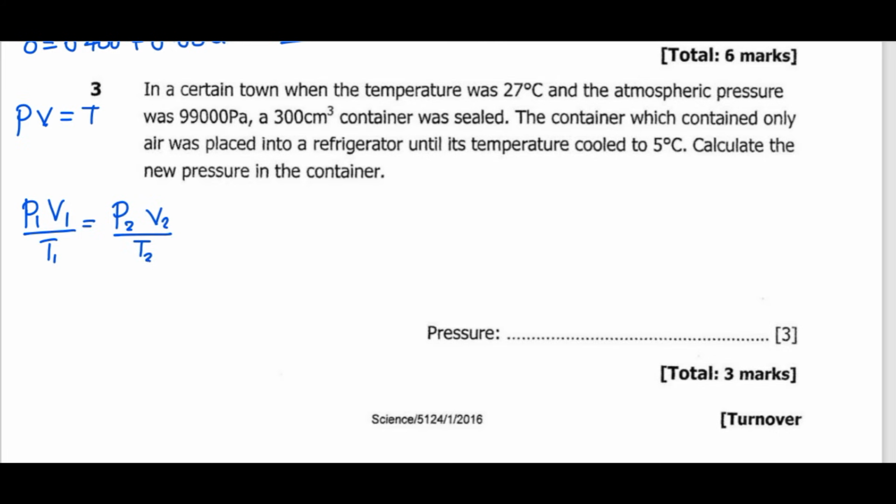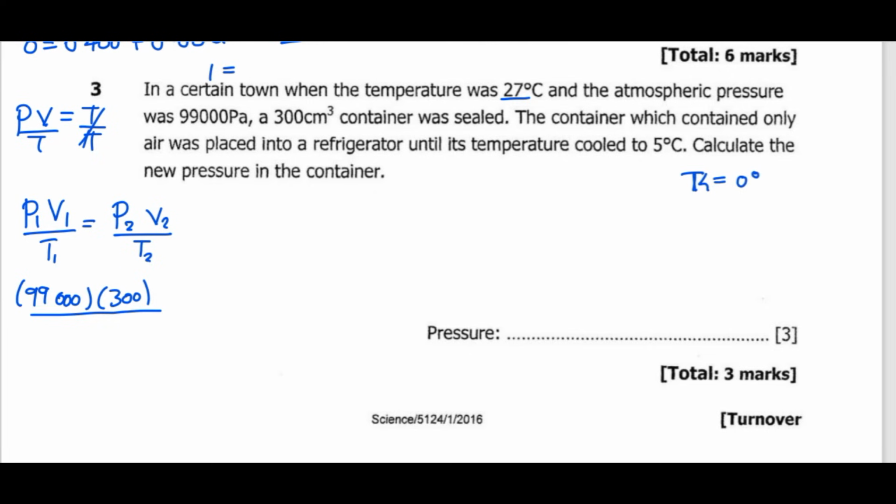So since all these are changing, I just want to divide by T, also here by T, so that we only have a 1. 1 is equal to PV over T. So pressure 1, what is our pressure 1? 99,000. Volume 1, 300. Temperature 1, 27. Now remember, temperature should be in Kelvin. We want it in Kelvin.